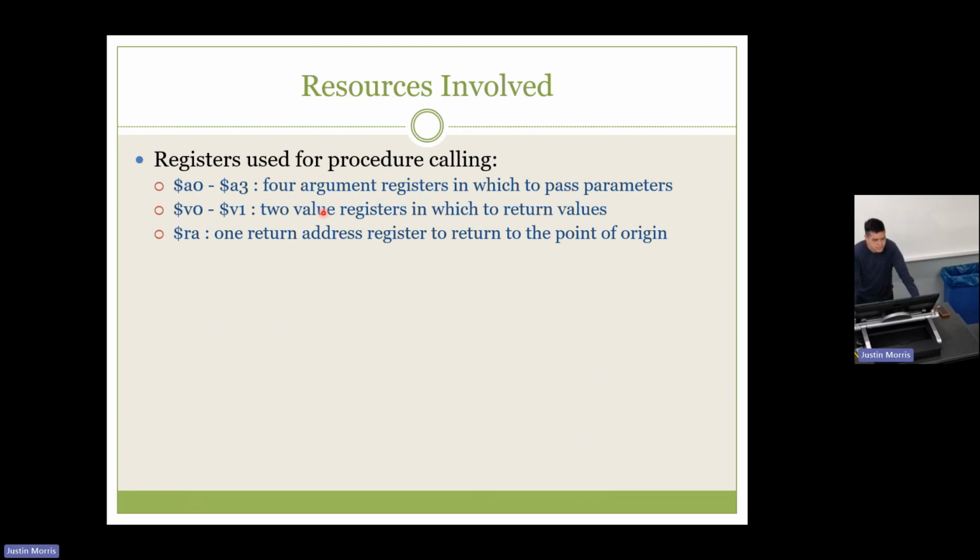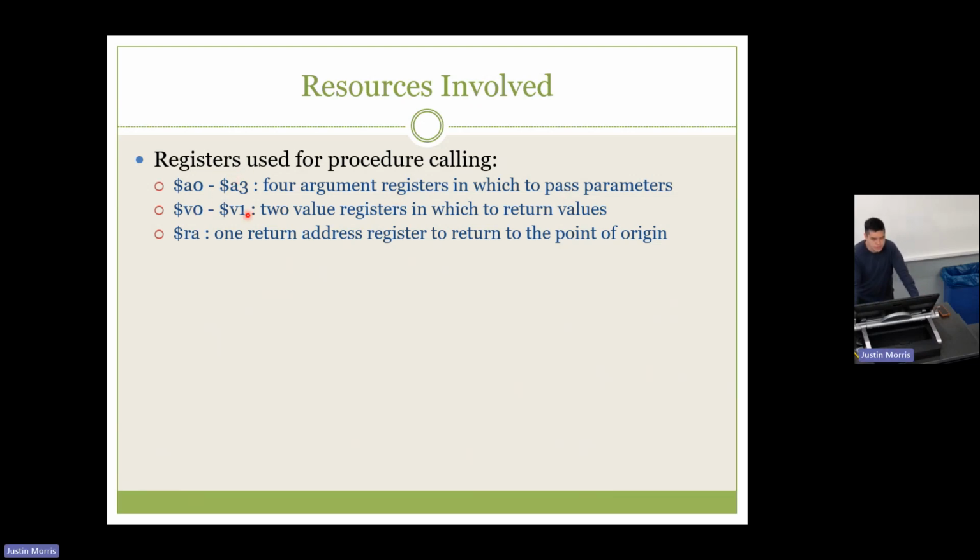So here are the registers that we are using for procedure calls. So A0 through A3, these are your argument registers. This is used to pass our parameters. So like the base address of an array, or if maybe you don't have an array, you just have some variables. You have 4 registers to do that.